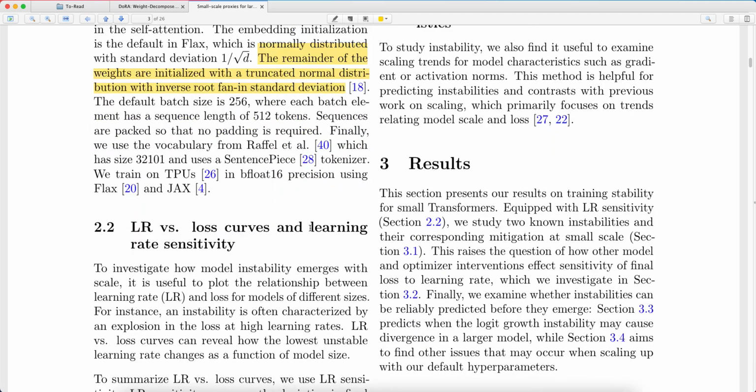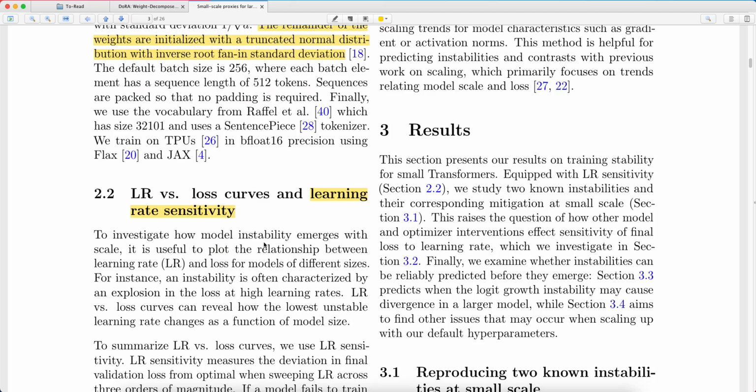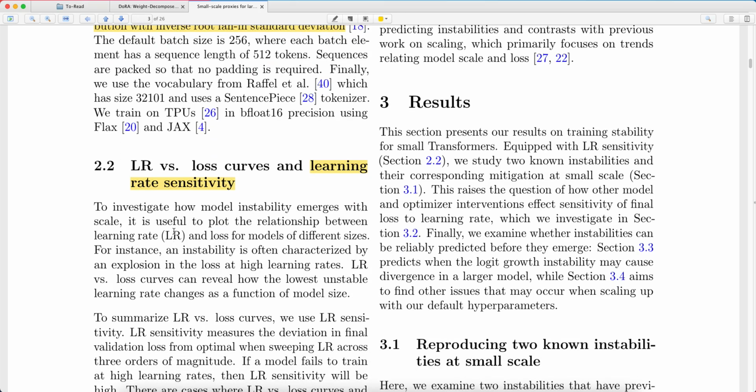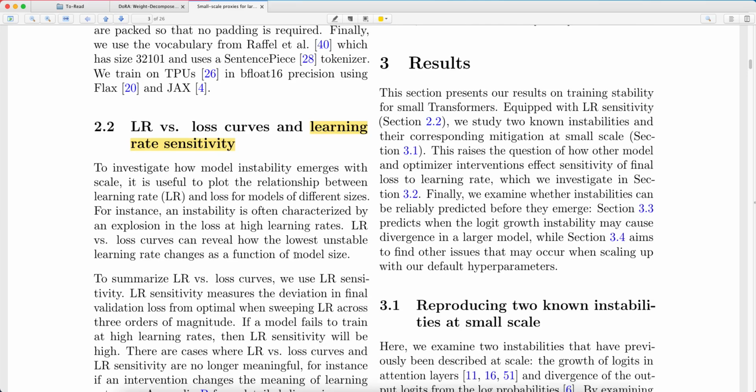All right, let's see. I still don't understand this learning rate sensitivity. So, it's useful to plot the relationship between learning rate and loss. Instability is an explosion of the loss at high learning rates.